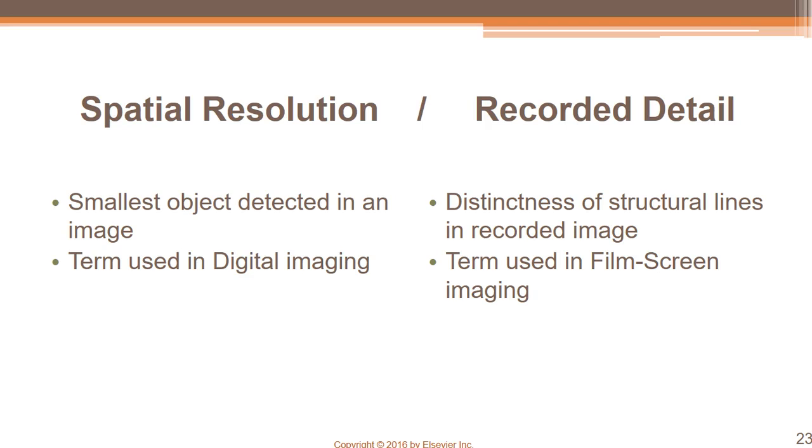So even though resolution in general is how well we see two separate objects, when we go to spatial resolution, we're talking about being able to see the smallest. Now, we're only going to cover the digital components of this, so you may or may not see recorded detail again, but know that it's the same as spatial resolution.